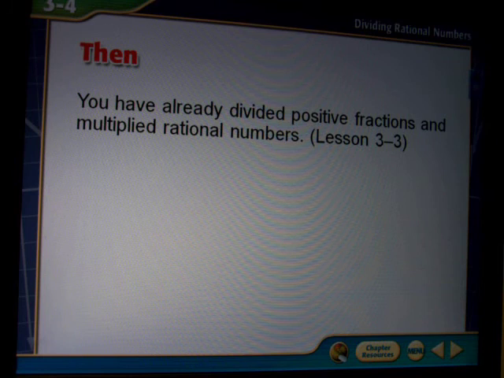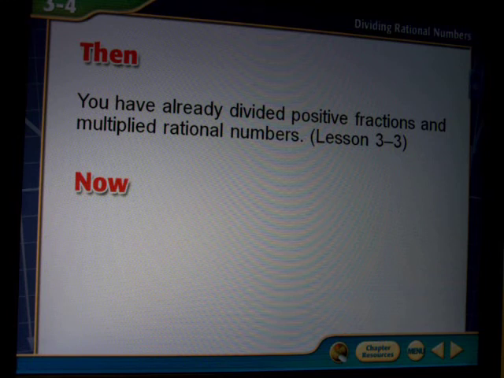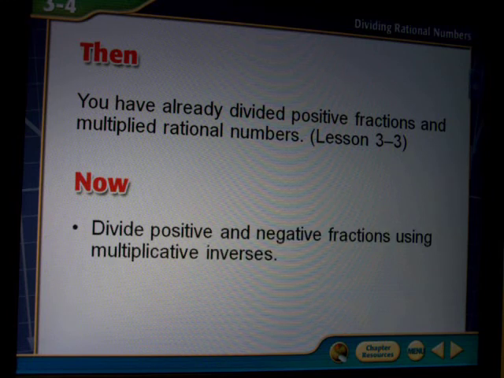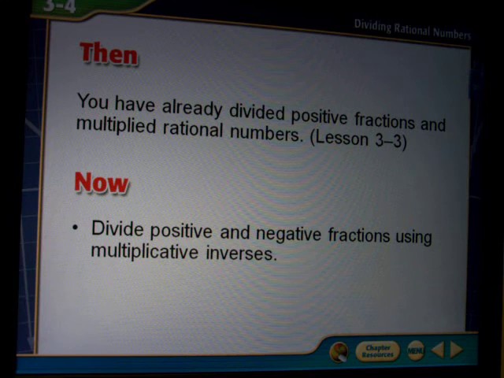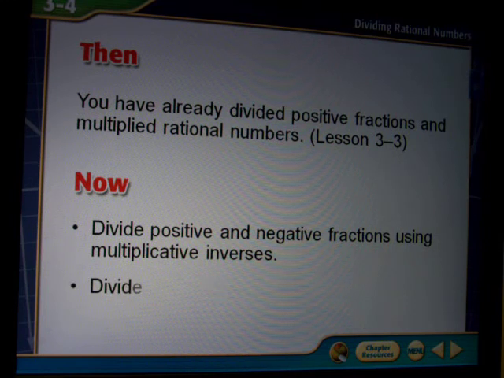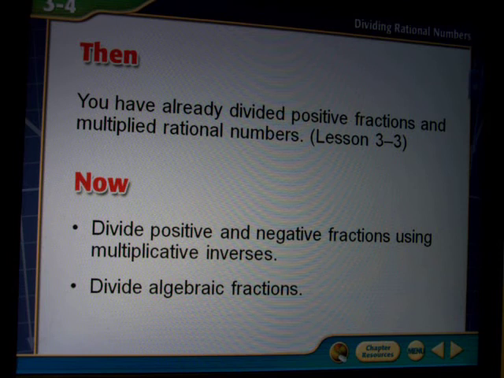Alright, so in our previous lesson, we divided positive fractions and multiplied rational numbers. What we're going to do today is divide positive and negative fractions using the multiplicative inverse. And then we're also going to divide some algebraic fractions.